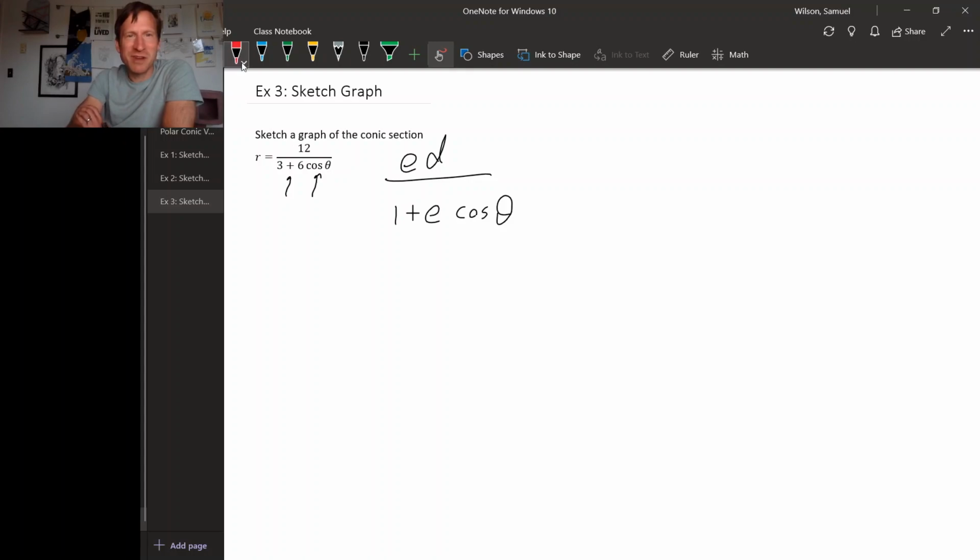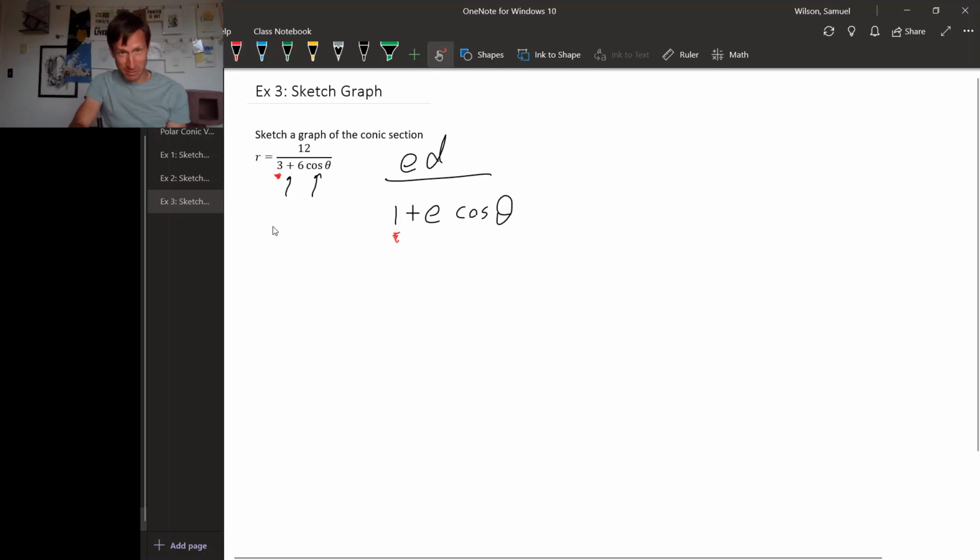The thing you might notice right off the bat is that the equation we have has a 3 in the denominator, and the equation that we're used to using has a 1. So we should somehow force this 3 to be a 1. And the way to do that is just to factor a 3 out of the denominator.